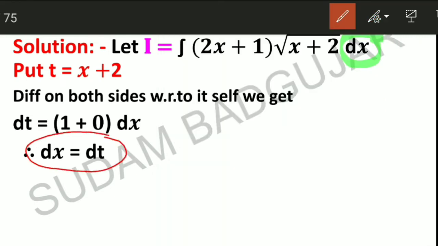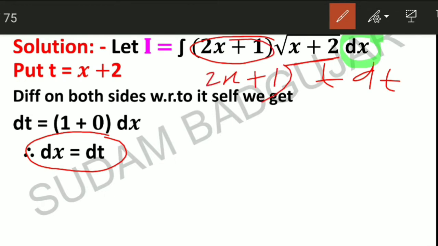Now if you substitute x plus 2 as t and dx as dt, but what about 2x plus 1? If you keep 2x plus 1 as it is, then the new integration has two variables, x as well as t, which is more complicated.